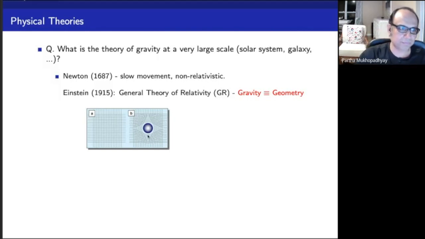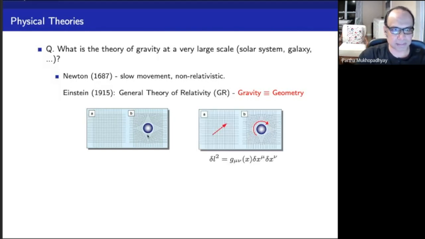So in the first example of the free particle, if you take 2 points in this flat space, then we saw that the physical trajectory is a straight line, because the concept that you could generalize is the fact that the straight line is the trajectory of minimal length in flat space. So that is the concept that generalizes to a curved space.